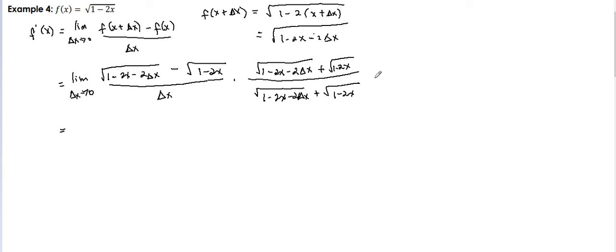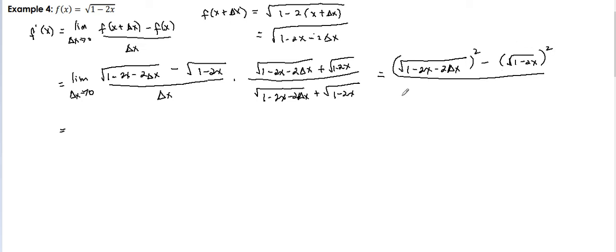Okay? So, again, using our difference of two squares, ang matitira na lang dito ay yung ating pong mga terms without square root. So, magiging square root of 1 minus 2x minus 2 delta x squared minus square root of 1 minus 2x squared. So, all over, copy natin yung delta x.